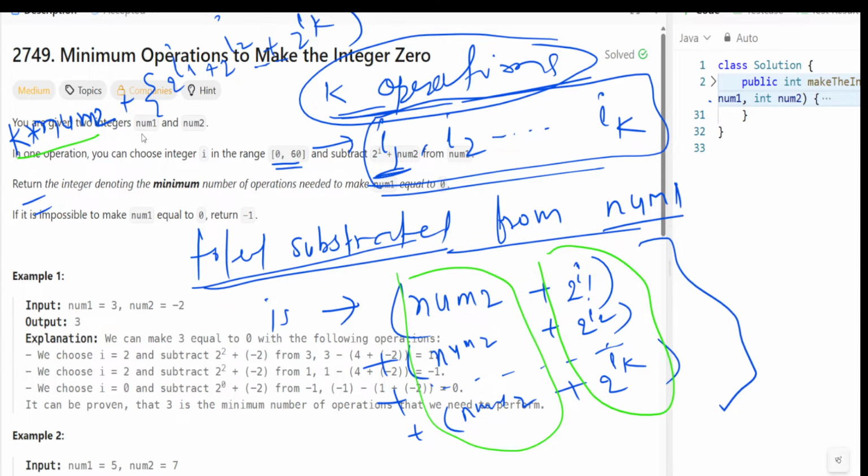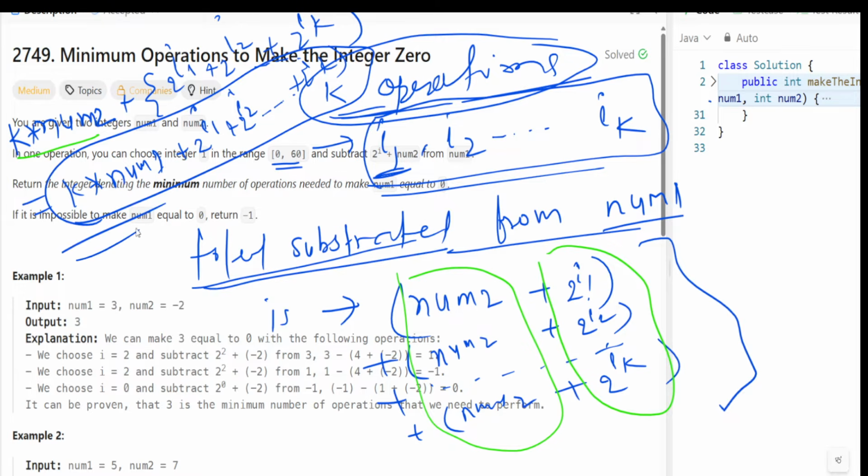So if we say k into num1, we'll do the sum, all the sum, and we find 2 to power I1 plus 2 to power I2, there will be more elements, plus 2 to power Ik. That is what we have here.